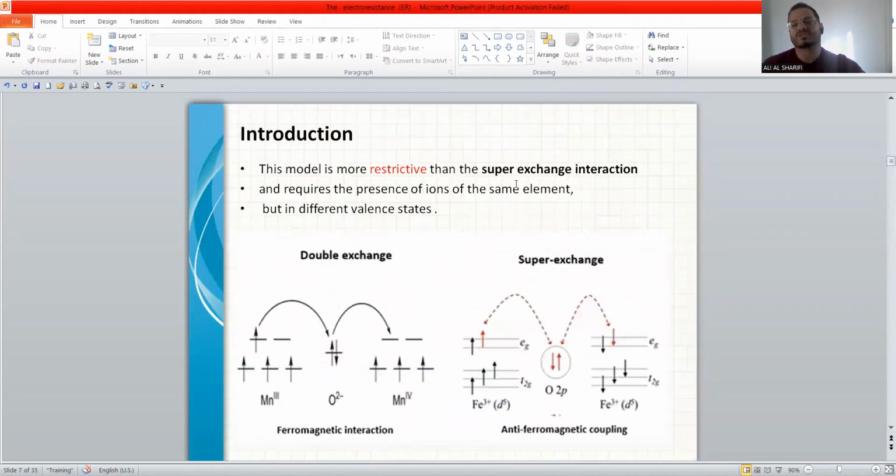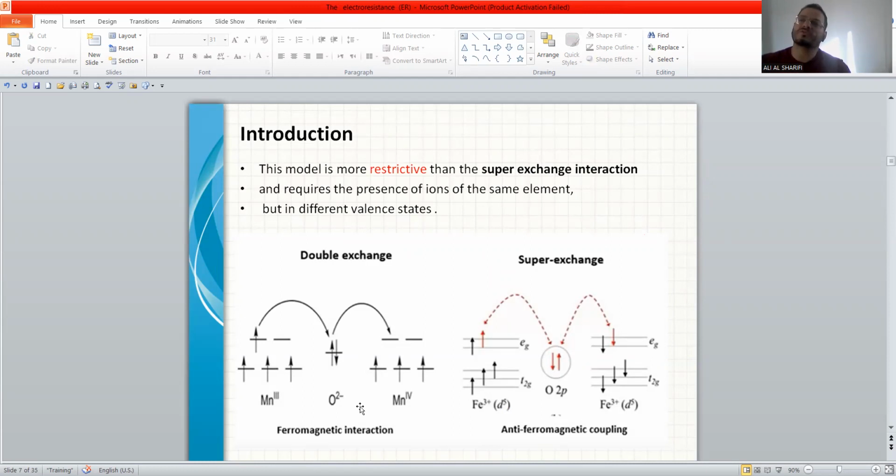Now let's do a simple comparison between the double exchange and super exchange. Actually, here, by using the Hund's rule, the electron will jump from the 3+ to 4+ by using the oxygen like a bridge, and after that keep going.